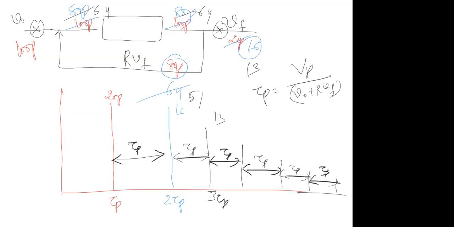This will continue. 51 is coming because out of 64, 13 particles go out, then what is left is 51.